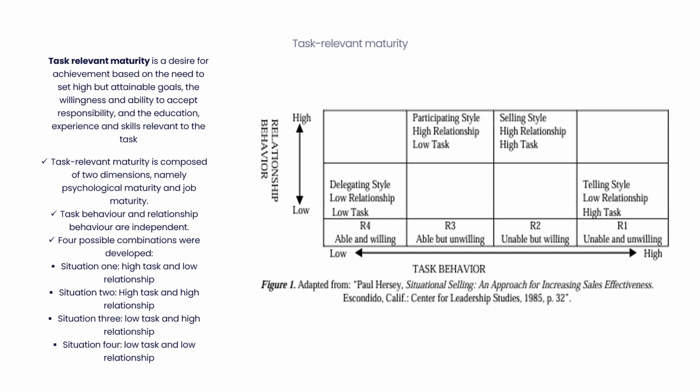Then we talk about participating. Now, when we go to high task and high relationship, here we need explaining and persuading. Then we're talking about selling. And lastly, high task and low relationship. Here we need guiding and giving direction. Then we call it telling.